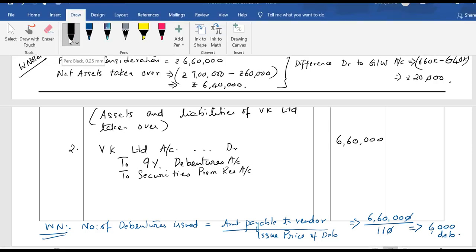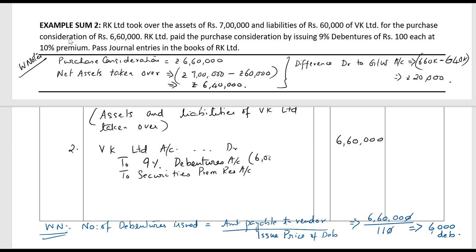Let's continue with the entry. Against 9% debentures, we will write 6,000 debentures multiplied by the face value of rupees 100, 6 lakh rupees. And against securities premium reserve, 6,000 debentures multiplied by premium per debenture, which is rupees 10, comes up to 60,000 rupees.